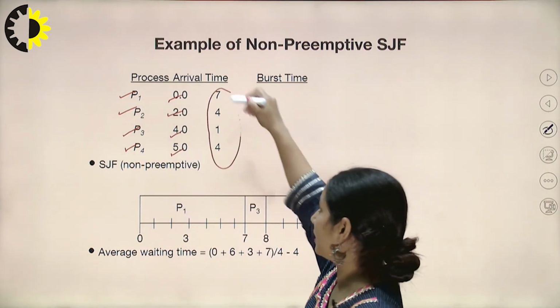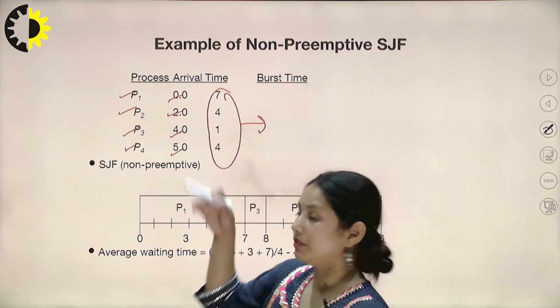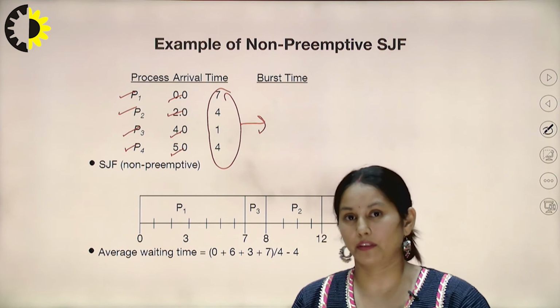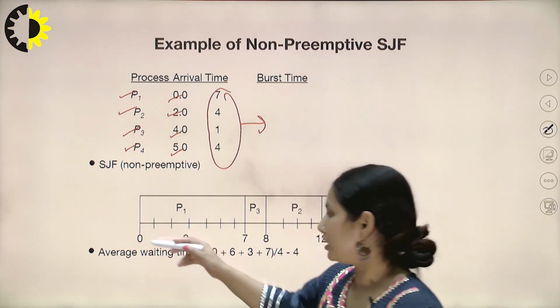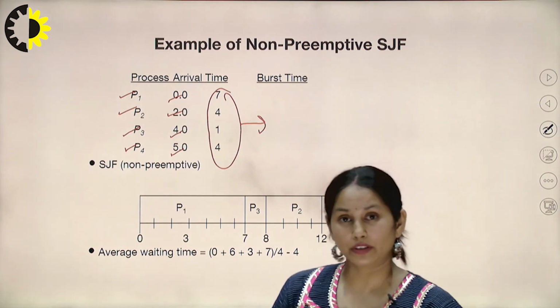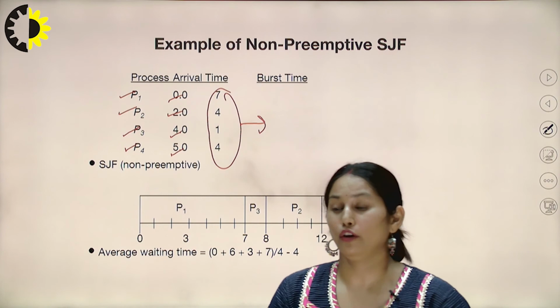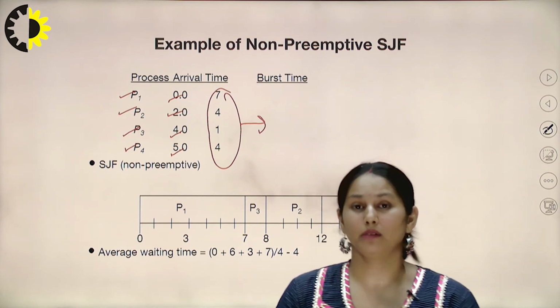Whenever you have the burst time and the arrival time, the scheduler is going to check whether the next process to be allocated to the CPU has a smaller burst time or not.